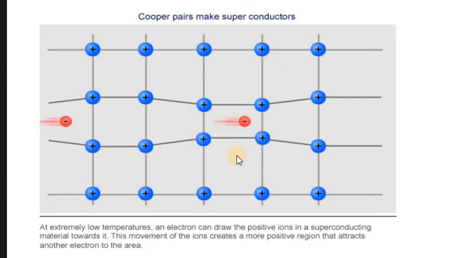This distortion makes a more positive environment around the negative electron. If a second electron approaches the first electron, it feels a positive charge near the first electron. So both electrons travel like a pair, and this pair is known as a Cooper pair. Cooper pairs are the reason behind superconductivity according to BCS theory.